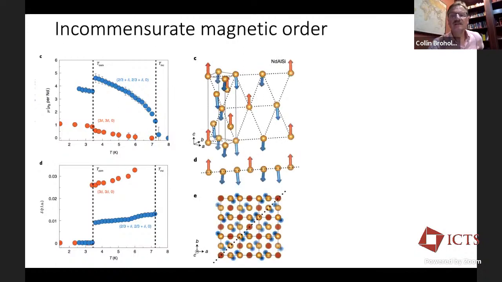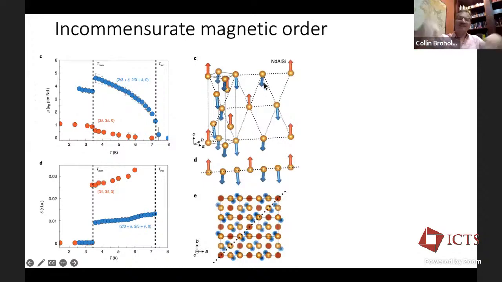The corresponding structure is shown here, and I think the sketch is the commensurate low temperature structure, which, roughly speaking, if you take a line of spins that goes along the base diagonal of the tetragonal structure, has an up spin in red and then 2 down spins in blue.